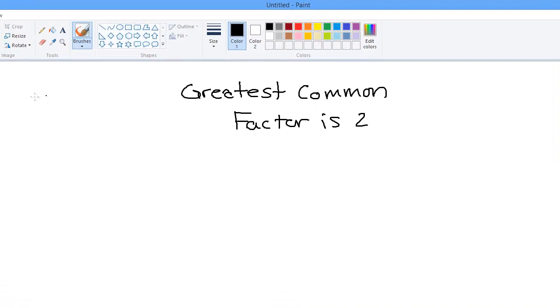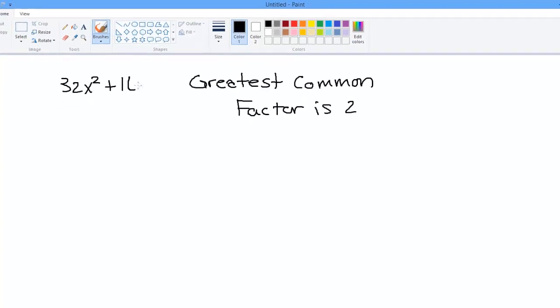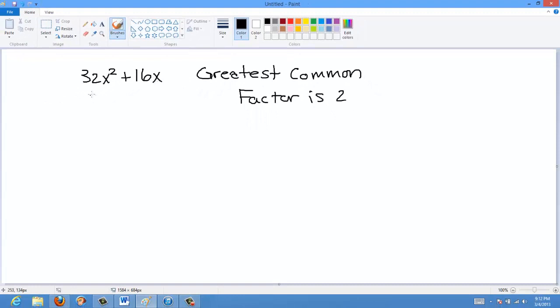Okay, so for instance, we might have something like 32x squared plus 16x. Okay, and this is a little more complicated, but it's still not too bad. And what we can do is see that the greatest common factor of this is 16x.